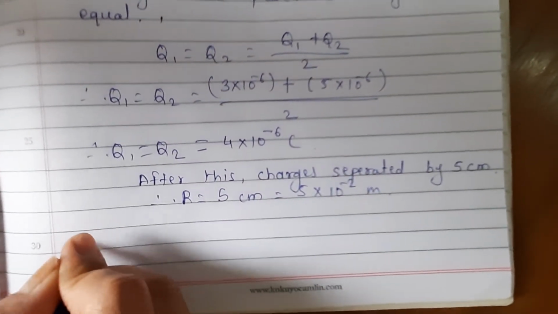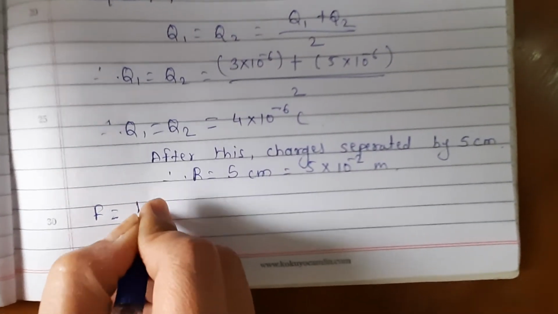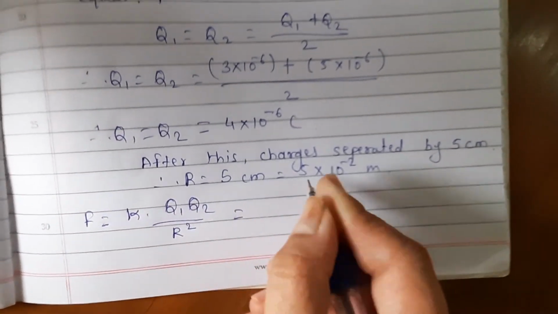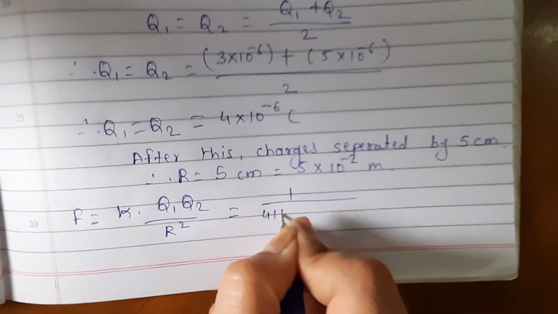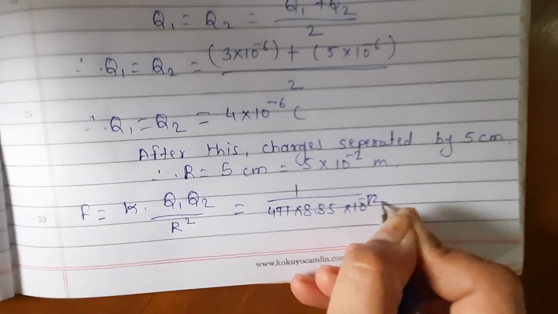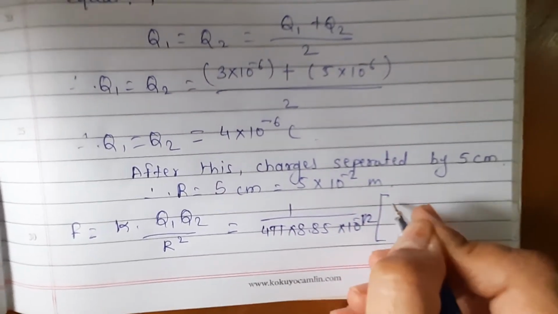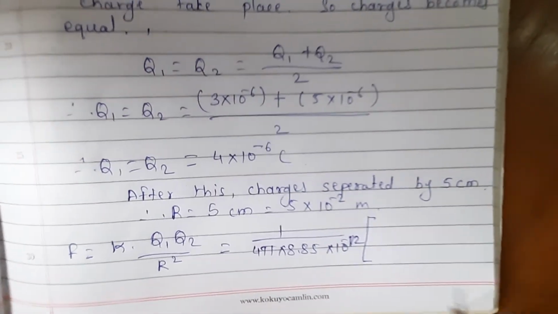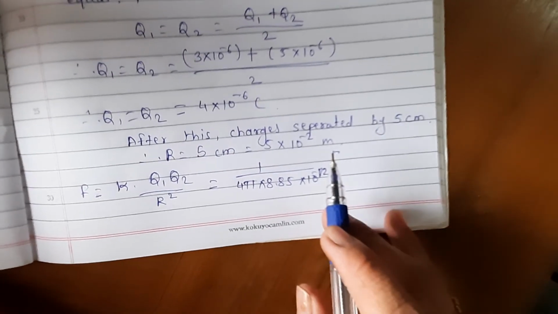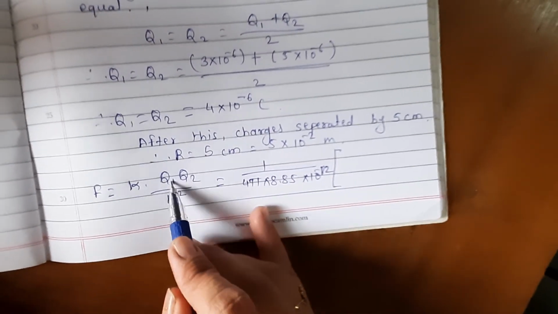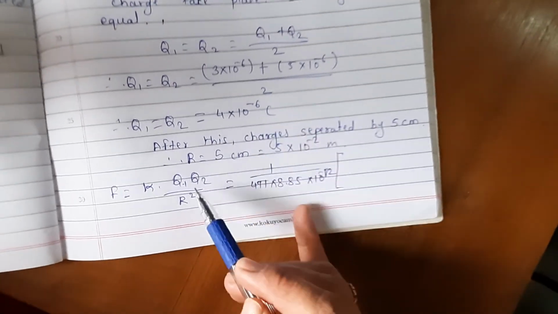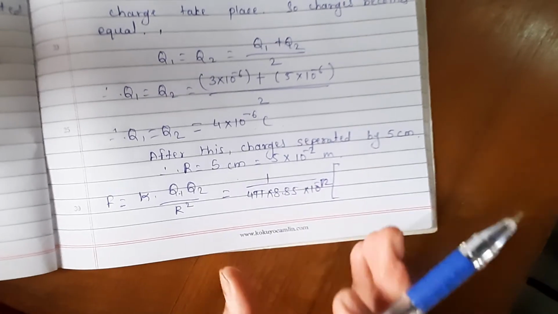So applying Coulomb's law, F is equal to K into Q1 Q2 by R square. Now what is the value of K? K is 1 by 4 pi into 8.85 into 10 raised to minus 12, and it is Q1 Q2. Now here we have to consider the values of Q1 and Q2 as 4 into 10 raised to minus 6, because before this case the charges are brought together.